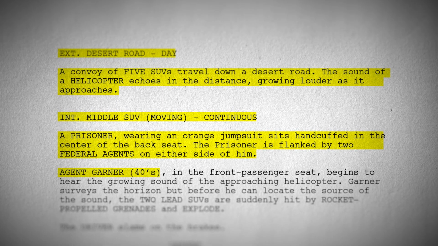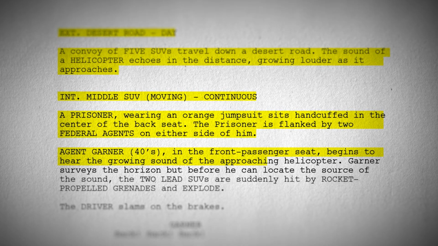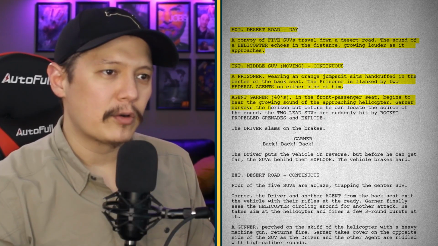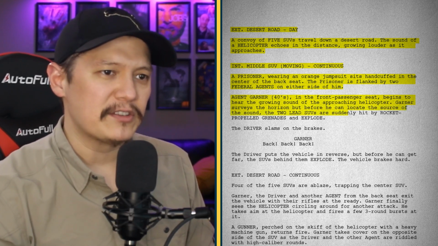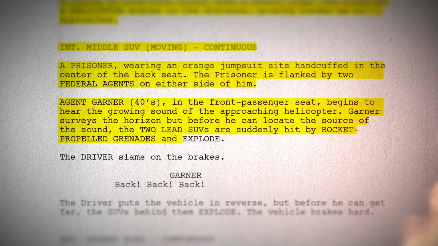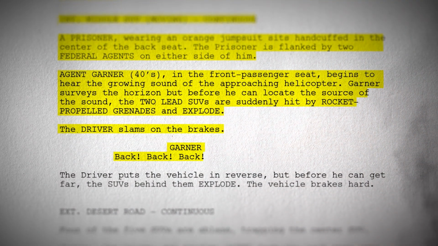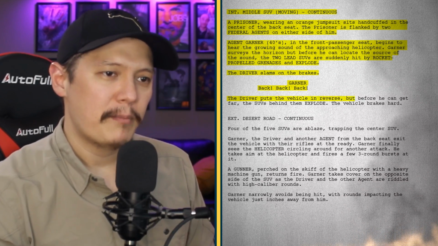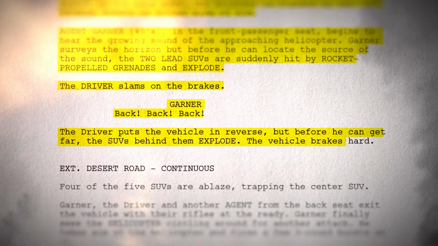Agent Garner, 40s, in the front passenger seat, begins to hear the growing sound of the approaching helicopter. Garner surveys the horizon, but before he can locate the source of the sound, the 2 lead SUVs are suddenly hit by rocket-propelled grenades and explode. The driver slams on the brakes. Back, back, back! The driver puts the vehicle in reverse, but before he can get far, the SUVs behind them explode. The vehicle brakes hard.